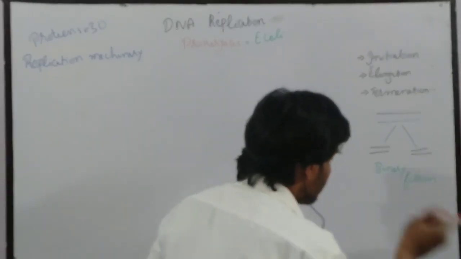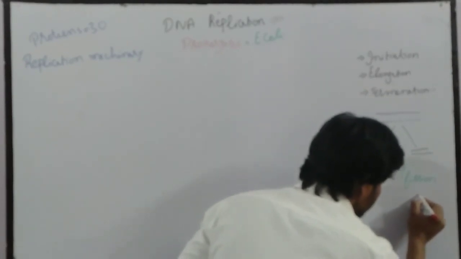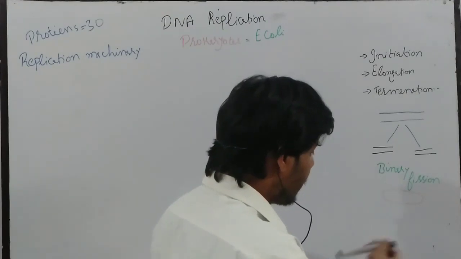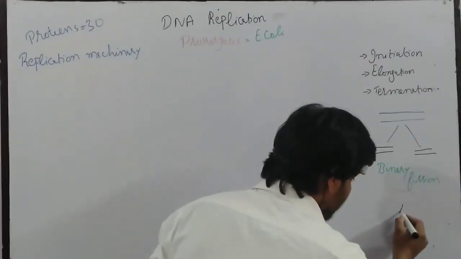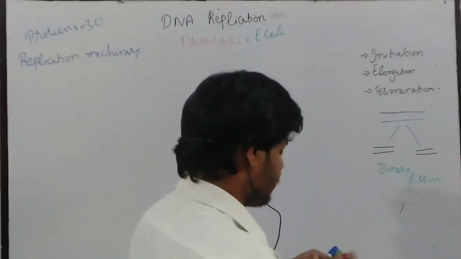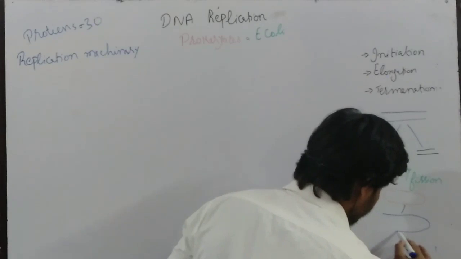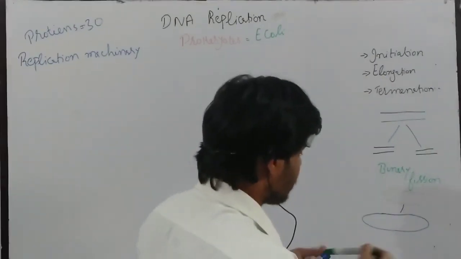We have a bacterial cell. Let's say this is a bacterial cell. It is ready to divide. So what actually happens? This bacterial cell is elongated. They also have their genetic material.